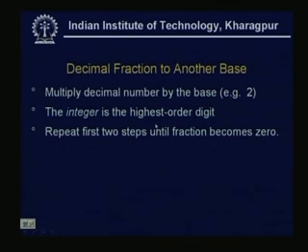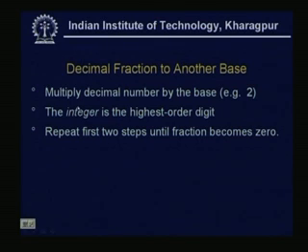Now, decimal fraction to another base. Okay. So, just now we have seen how a decimal integer number is changed to any other base. Now, if it is a fraction, that means after the decimal point, then instead of division we will be doing multiplication.